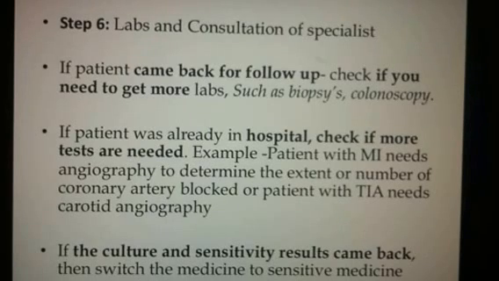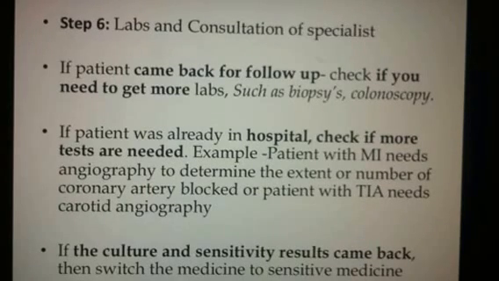Step 6 is labs and consultation of specialists. If the patient came back for the follow-up appointment, check if you need to order more labs, such as biopsy, colonoscopy. If the patient was already in the hospital, check if you need to order more labs, such as if a patient has MI, order angiography to determine the extent and number of coronary artery blocks.